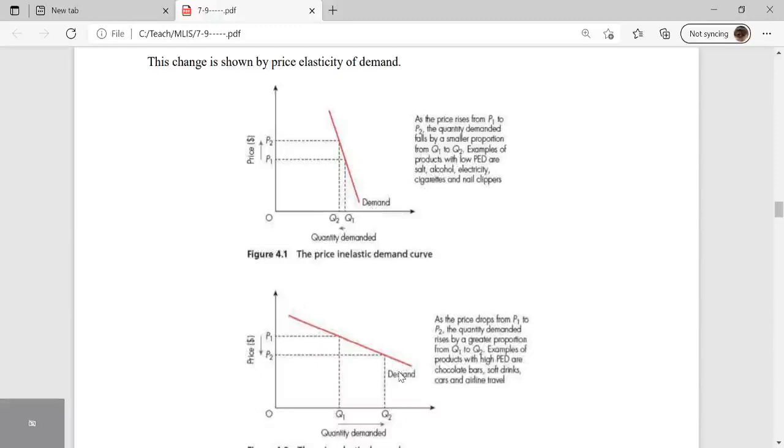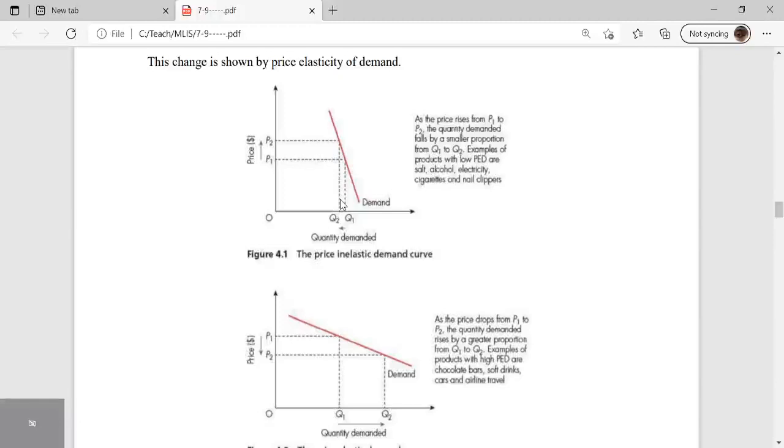As the price rises from P1 to P2, the quantity demanded falls by a smaller proportion from Q1 to Q2. So this is the change in price, but the change in quantity demanded is comparatively low, right?